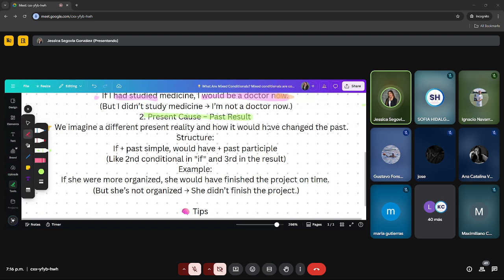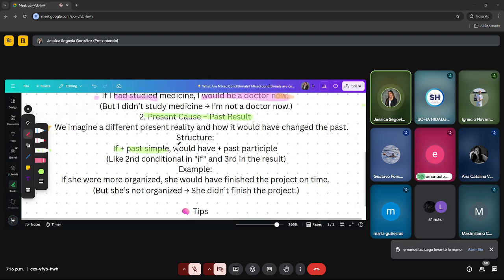For this type of mixed conditional, we imagine a different present reality and how it would have changed something that happened in the past. The structure is if plus past simple or past continuous, which we have this added in the book, and we continue with would have and past participle.